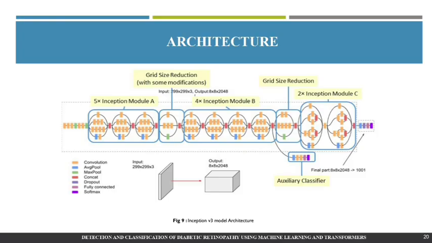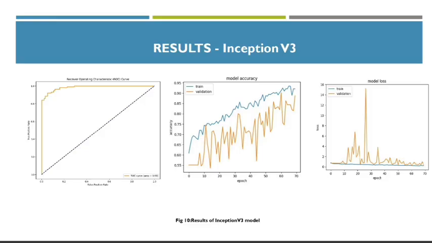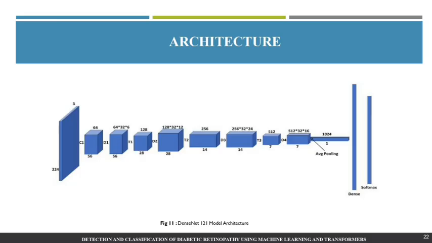As the grid size gradually shrinks through the modules, an auxiliary classifier aids training by providing feedback at intermediate stages. Finally, the output is processed through a fully connected layer and classified using a softmax activation function, enabling InceptionV3 to accurately identify image content. After training, we got an accuracy of 94%.